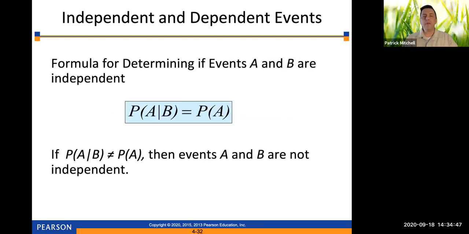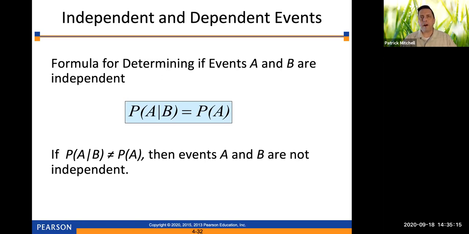All right, the formula for determining if events A and B are independent looks like this. The events A and B are independent if the probability of A given B is equal to the probability of A. And that kind of makes sense if you think about what independent is supposed to mean. I ask you, what is the probability that event A occurs?